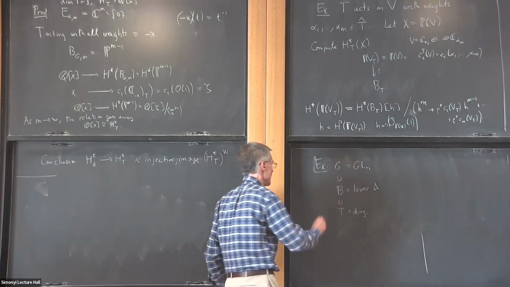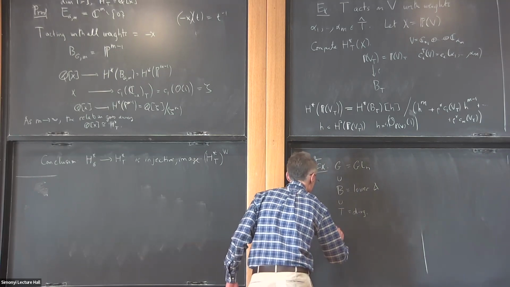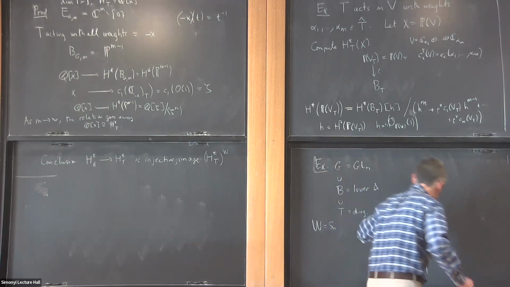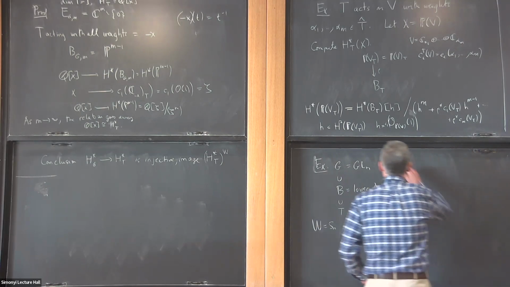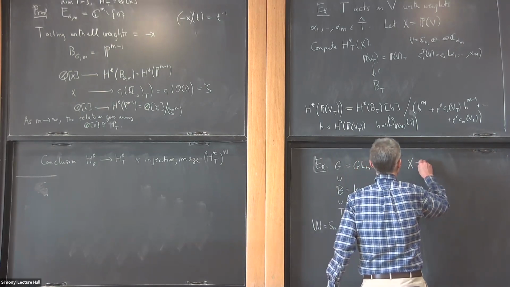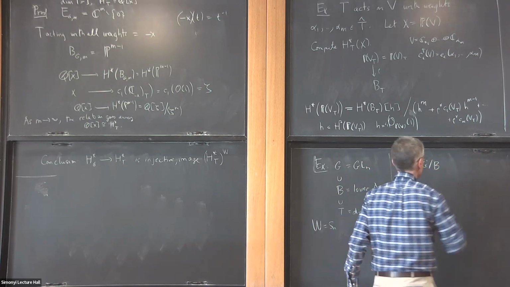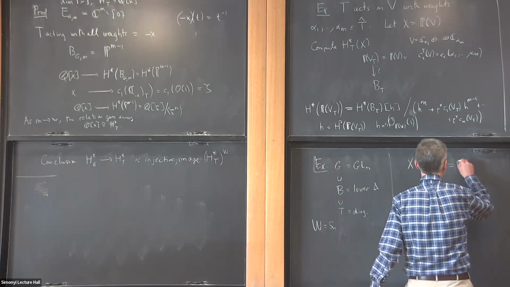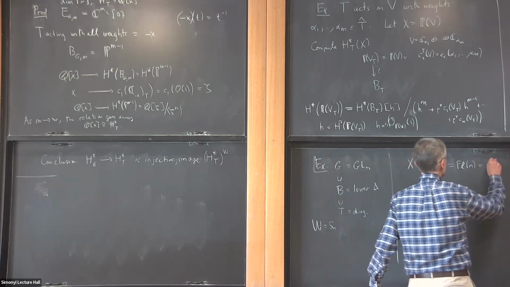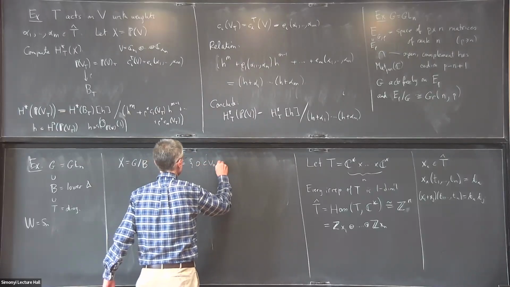And again, the Weyl group, as before, W is Sn. I'm going to let X be equal to G mod B, and that's the variety of complete flags.